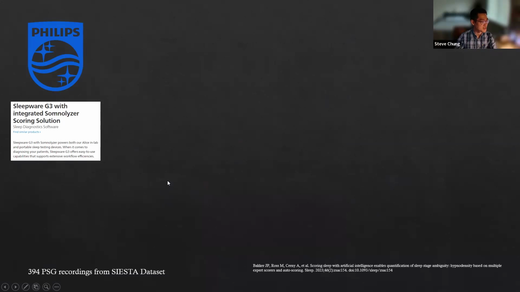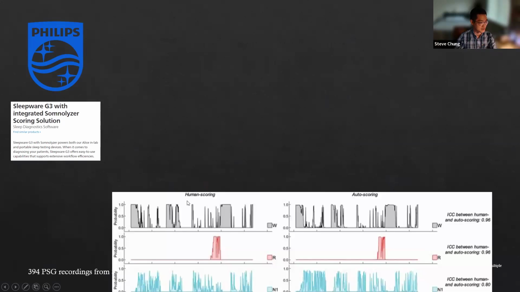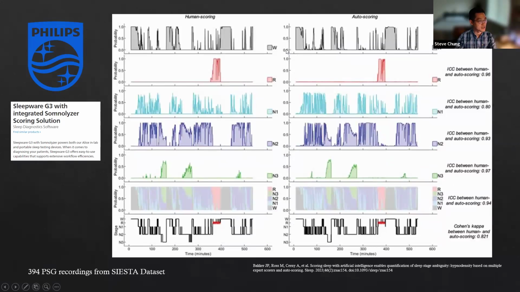So here, this is a study done with the Somnolyzer. In this image, on the left you have human scoring, and on the right you have the auto scoring. And the attention is probably down here for the hypnodensity graph. So the probability for human scoring is on the left, and you can see the hypnodensity graph being quite similar to the machine scoring hypnodensity graph.